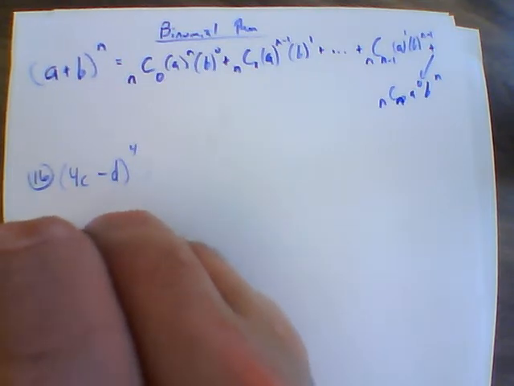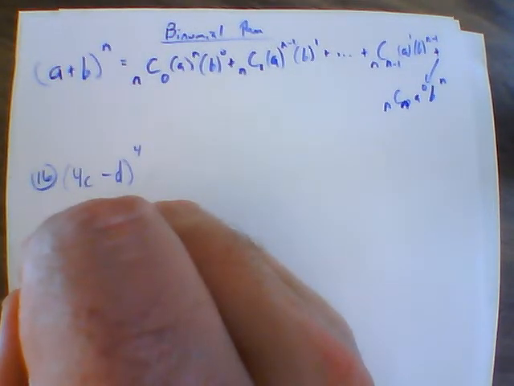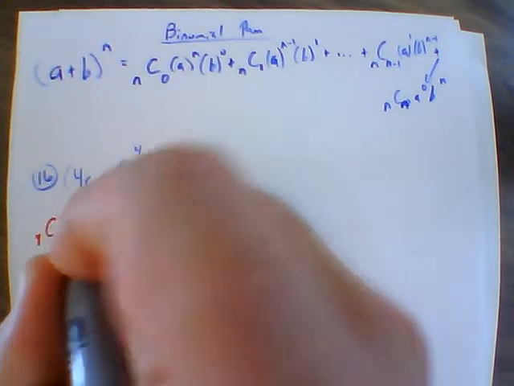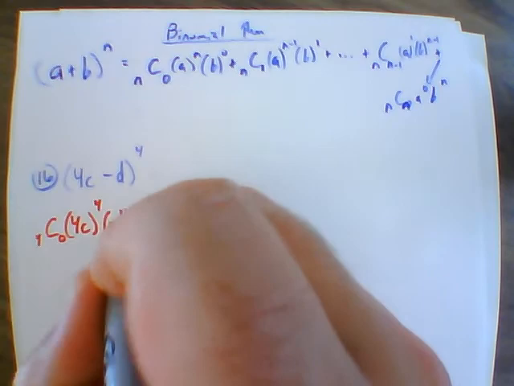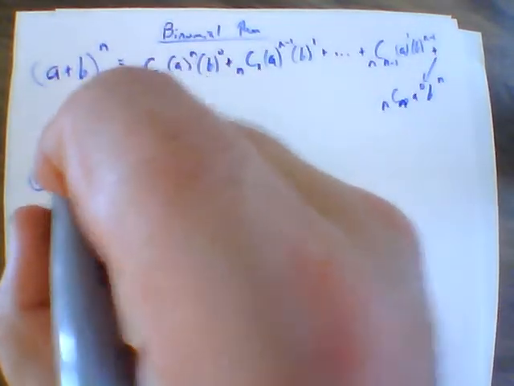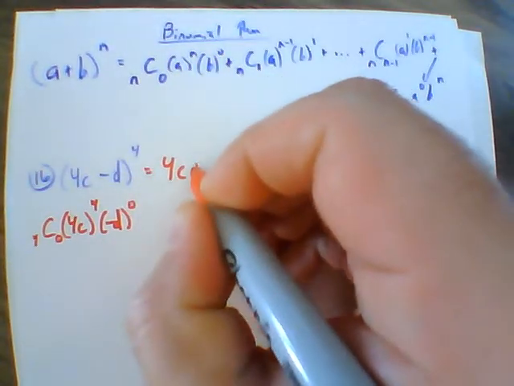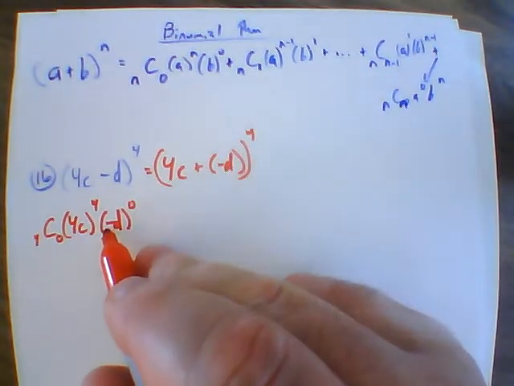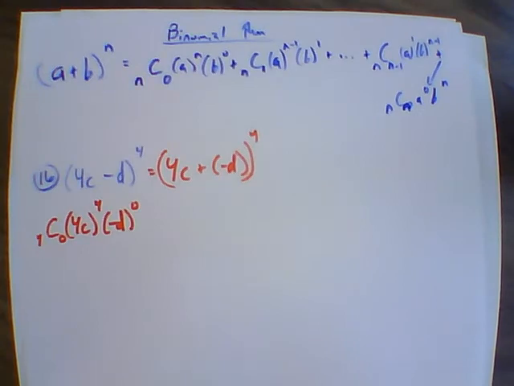We would go 4 combination 0, and then we would go 4c to the 4th power, a negative d to the 0, because once again you have to remember this is 4c plus a negative d to the 4th. We have to have that sign accounted for somewhere.